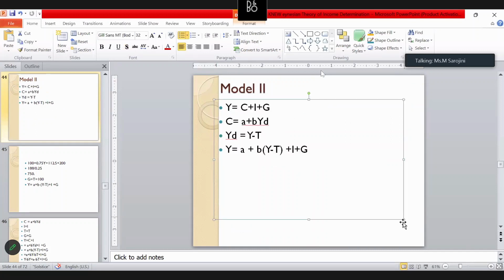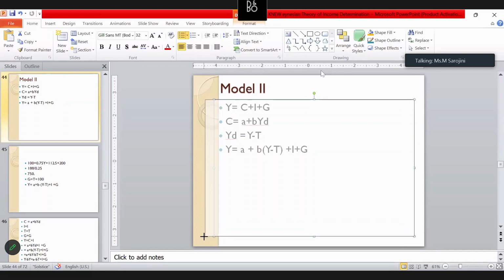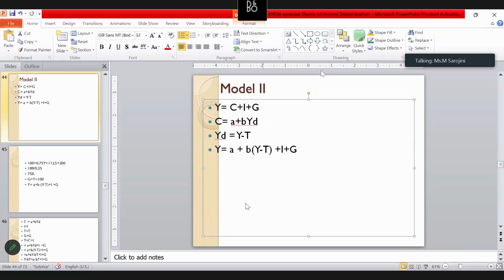This is the equation for taxes as well as government expenses.